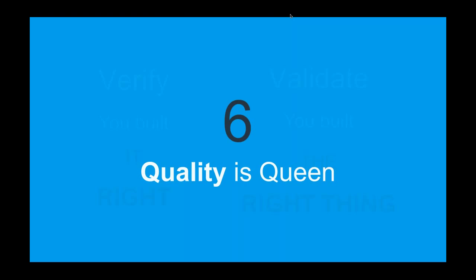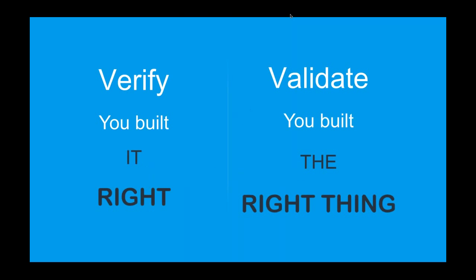To achieve high quality, you need to constantly perform two things: verify and validate the software. Verification means that you check that you build what was specified. It means you build it right. And validation means that what you build serves the customer needs, which means you build the right thing.